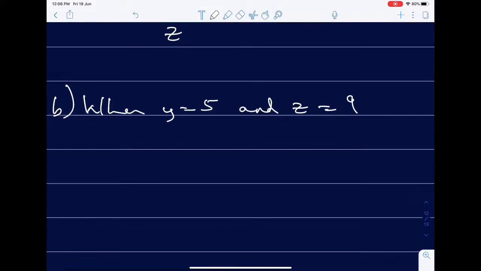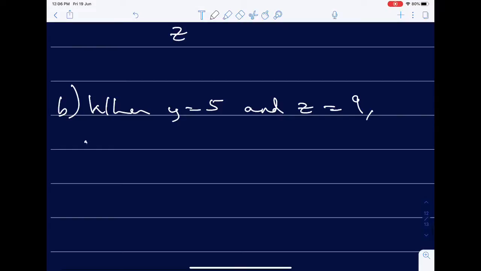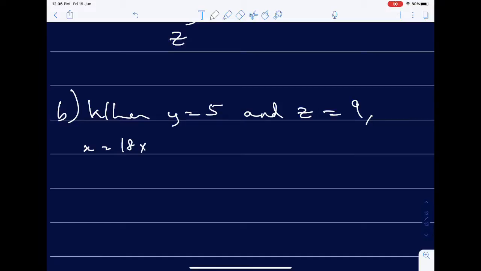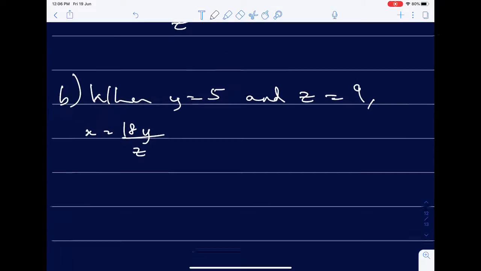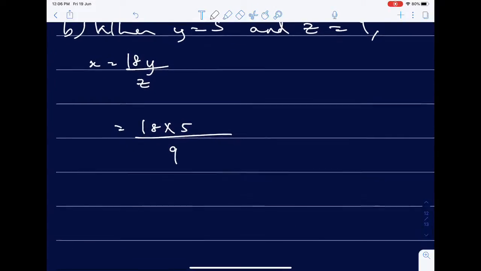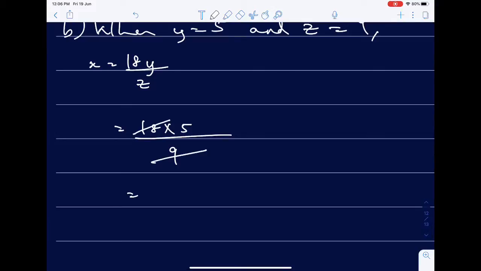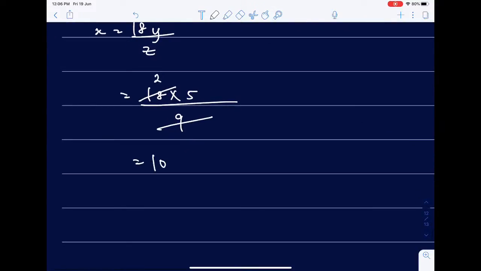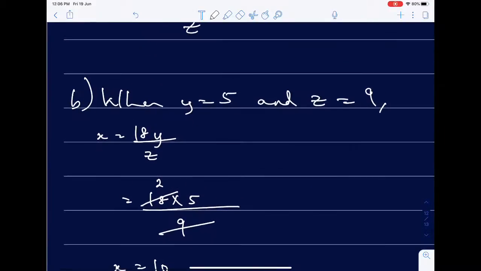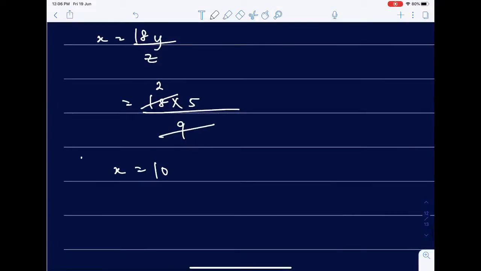When y equals 5 and z equals 9, x equals 18 times y, which is 5. Of course, let me rewrite that to remind you. 18y over z, which is equal to 18 times 5 divided by 9. And that's 9 here 1, 9 here 2, and that's 10. So x equals 10 when y equals 5 and z equals 9.